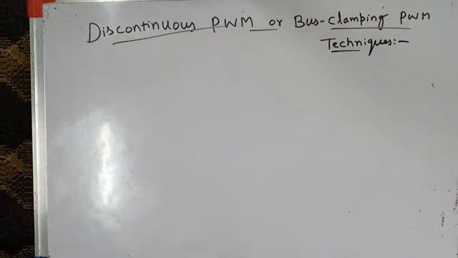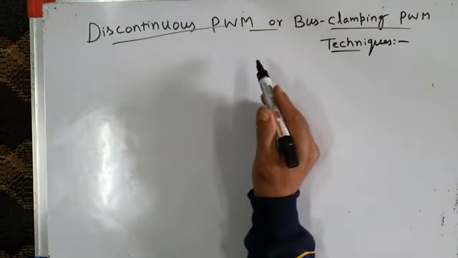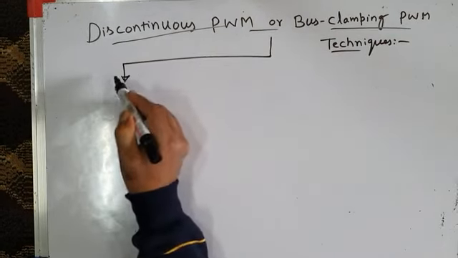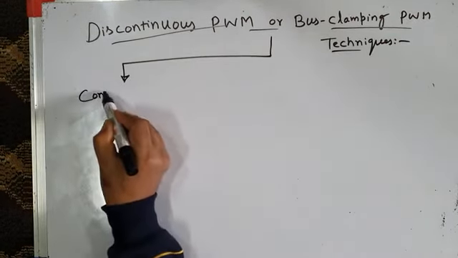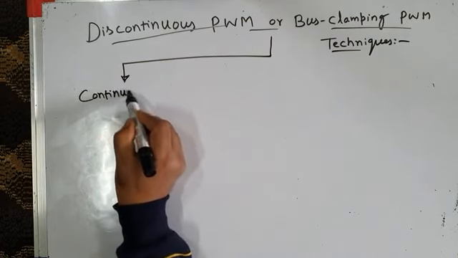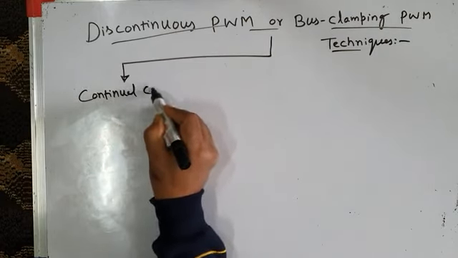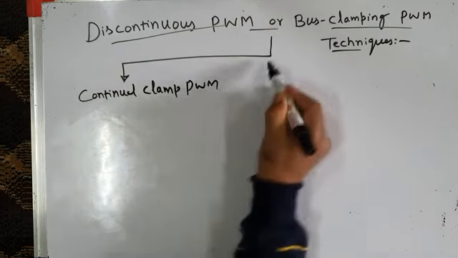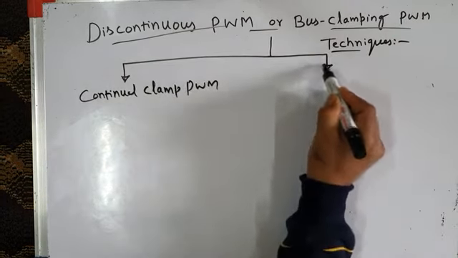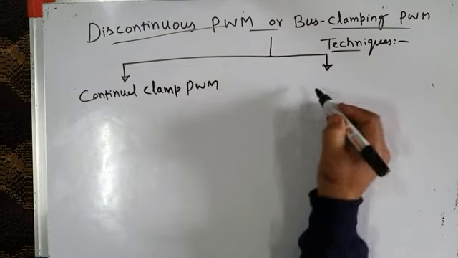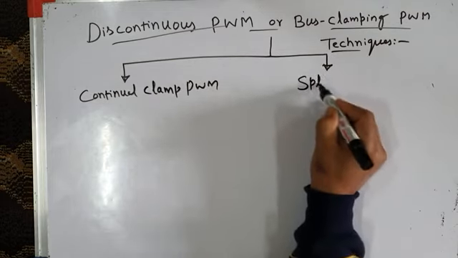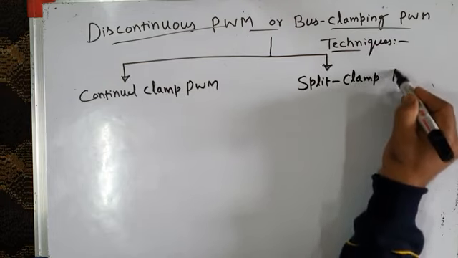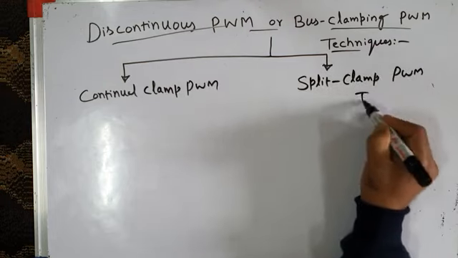As far as these bus clamping PWM techniques are concerned, they are mainly classified into two categories. One is called continual clamp PWM. The other type is called split clamp PWM technique.